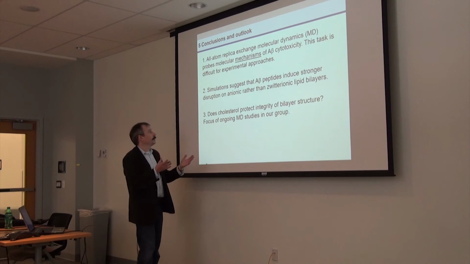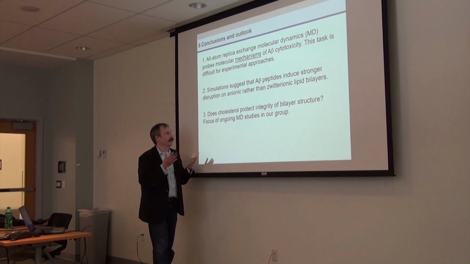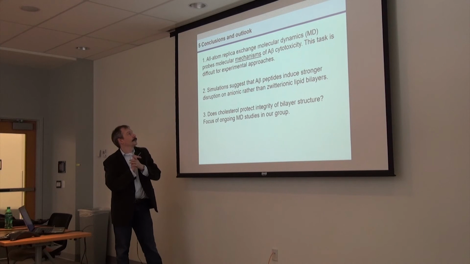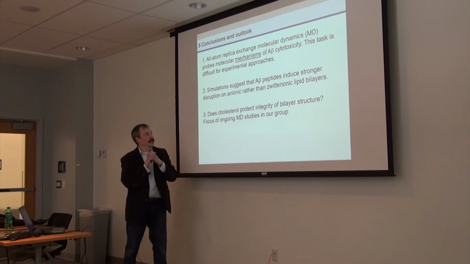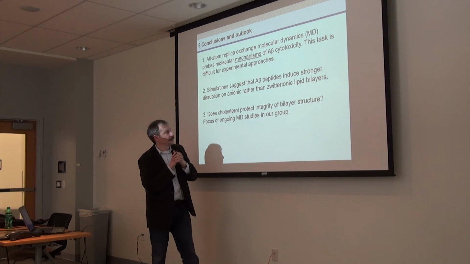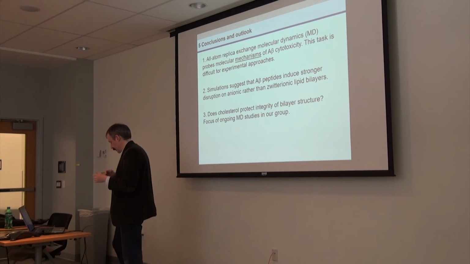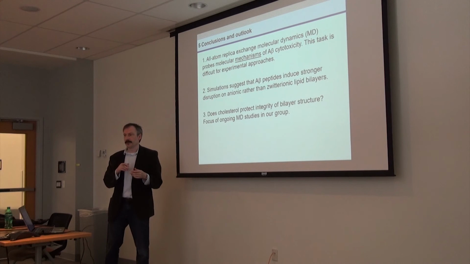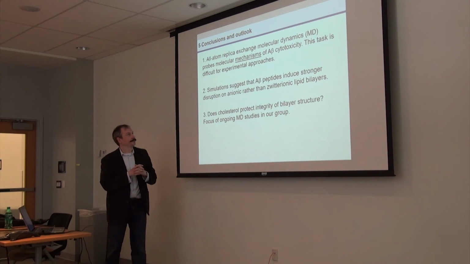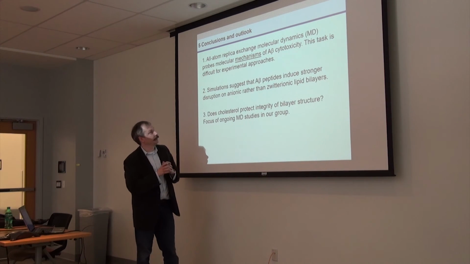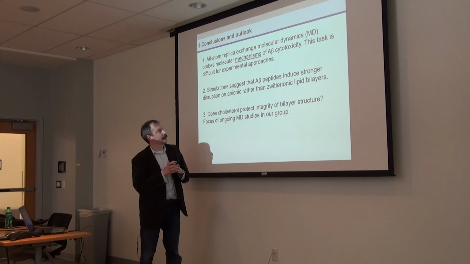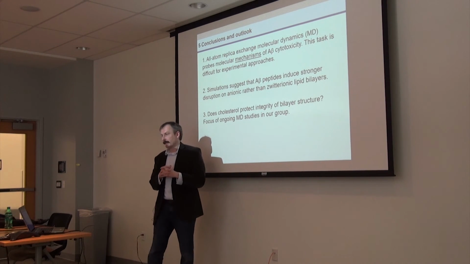So in summary, I have 3 messages. First, I did show that simulations, if you invest a substantial amount of time into them and do them correctly, can provide a complementary description to the experimental data.